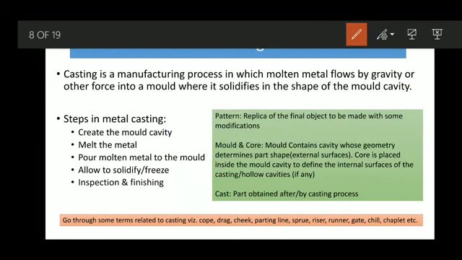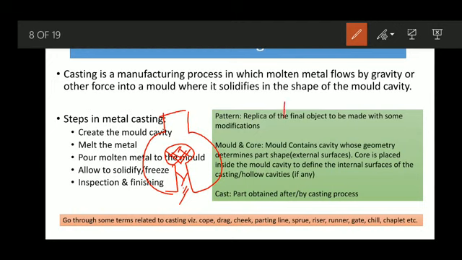Now suppose I want a product having this kind of feature, where the final product is something like this, and this part is hollow in the final product that I want. In that case I have to use this kind of core.